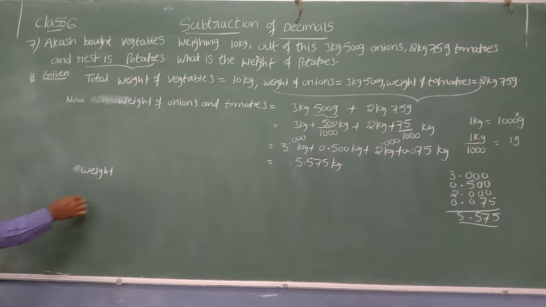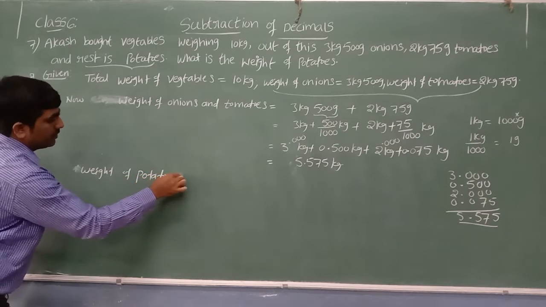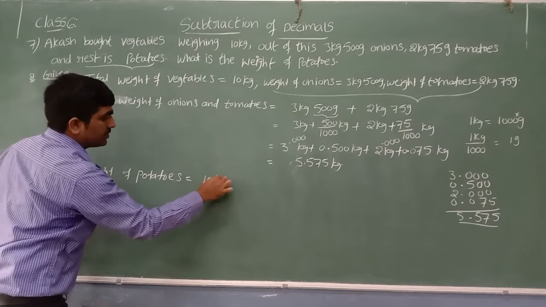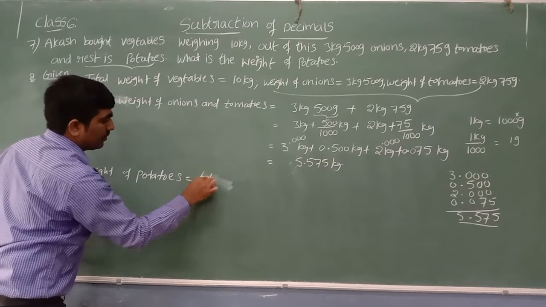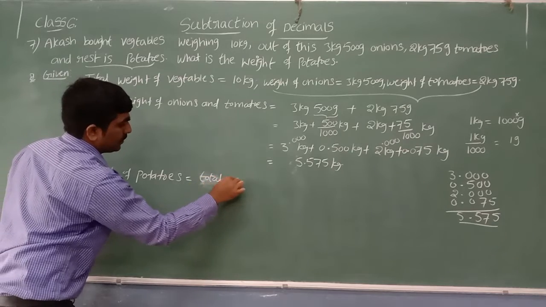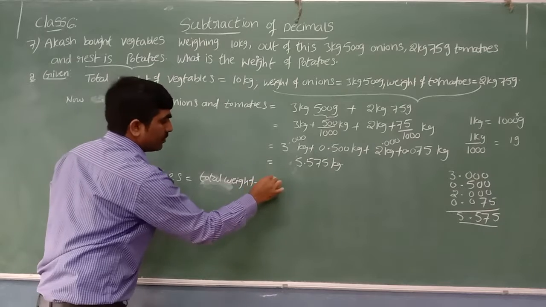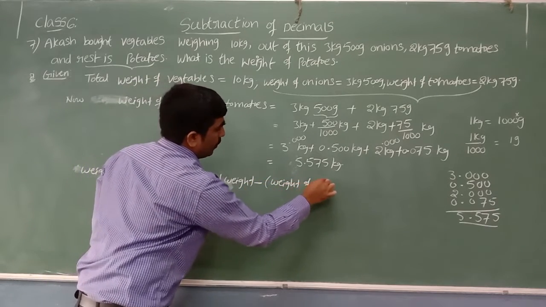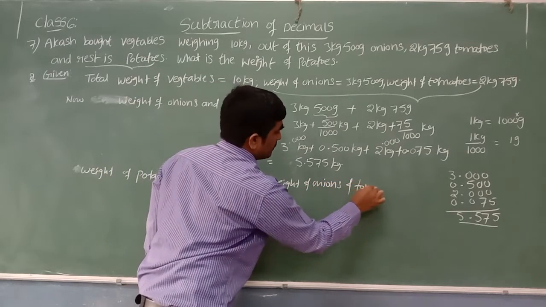The weight of potatoes is equal to: from 10 kg we need to subtract, or you can write, from the total weight subtract the weight of both onions and tomatoes.